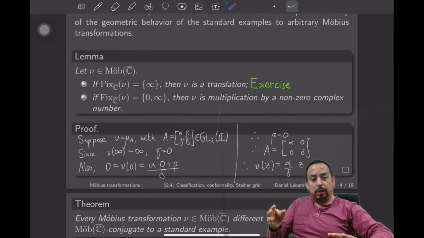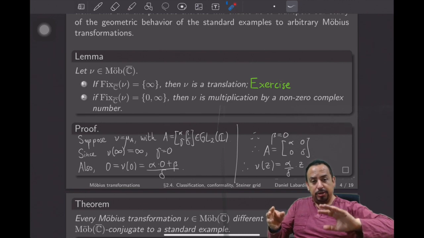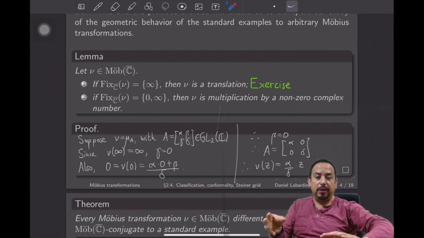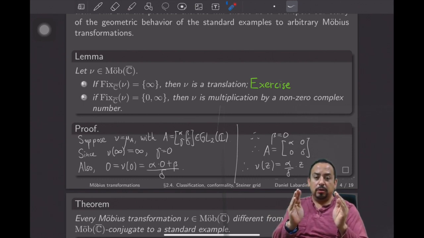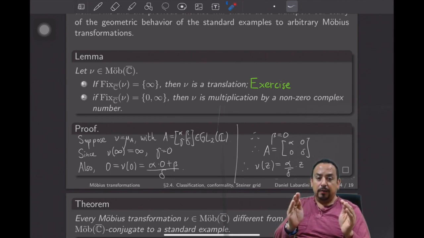We're going to conjugate the original Möbius transformation with this other convenient transformation, and we're going to be able to deduce that the conjugation, let's say tau nu tau inverse, is either a translation or multiplication by some non-zero complex number, so that this conjugation is a standard example.